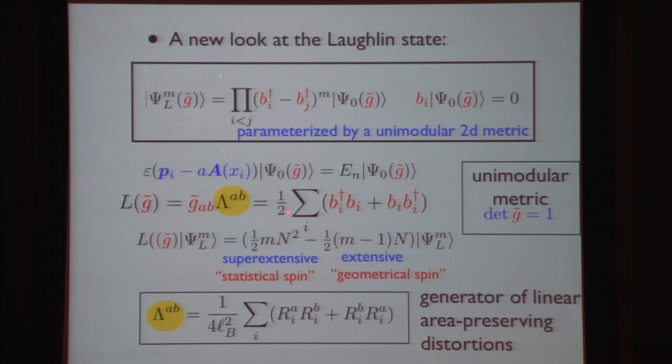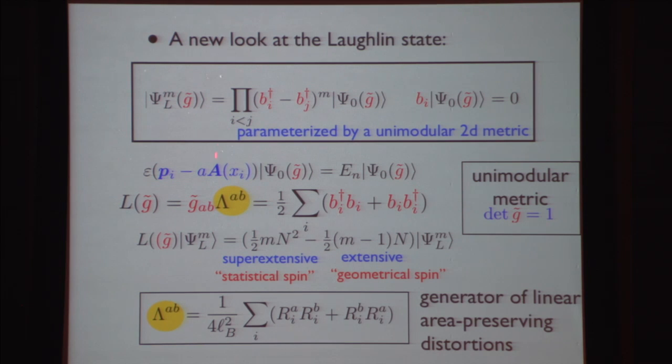And so this thing has a guiding center angular momentum, which is just b dagger b plus a constant, which is actually the contraction of a metric with the generators of area-preserving SL(2,R) transformations.